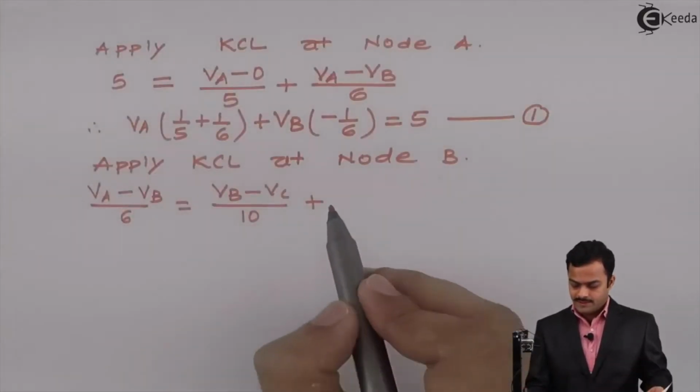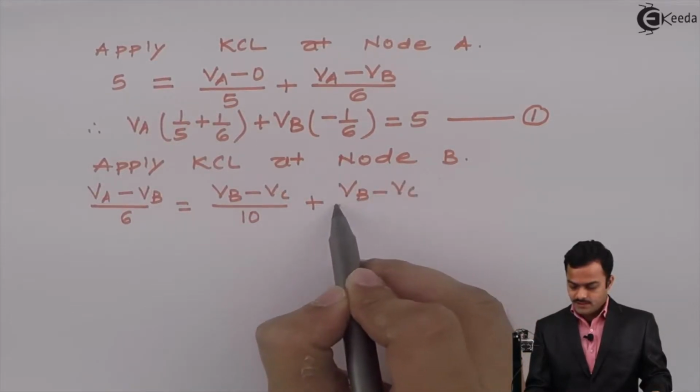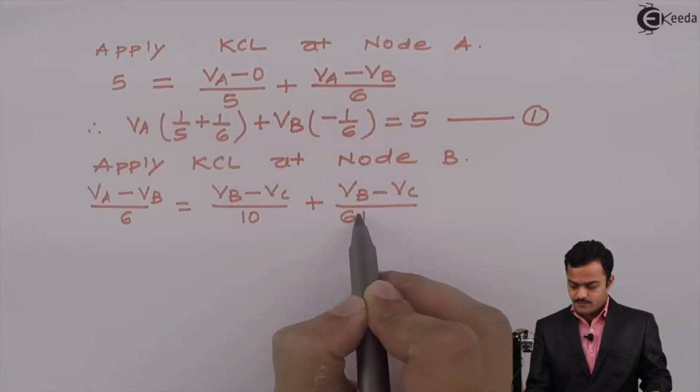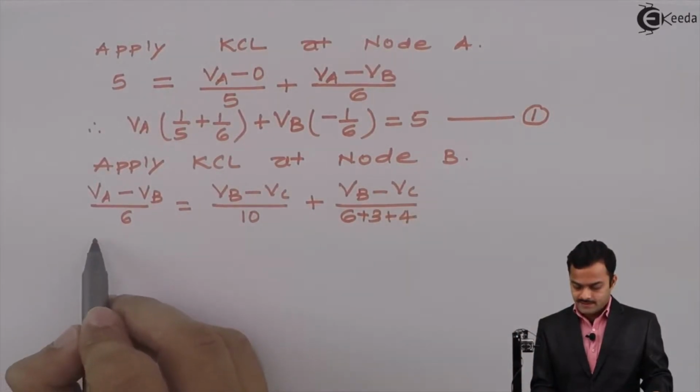So I get VB minus VC divided by 6 plus 3 plus 4. Let's rearrange the terms.